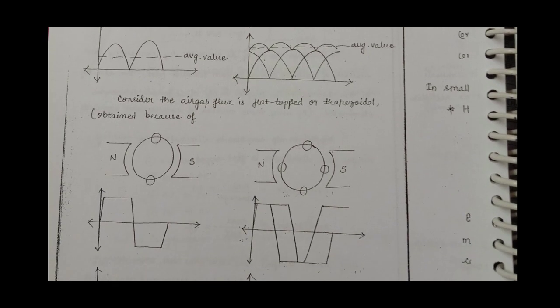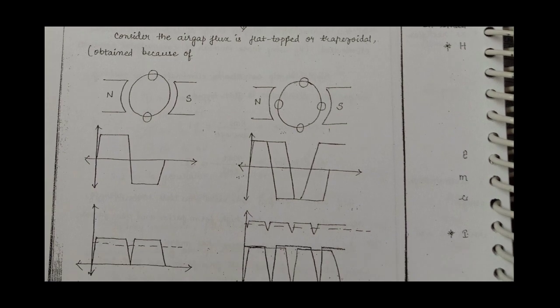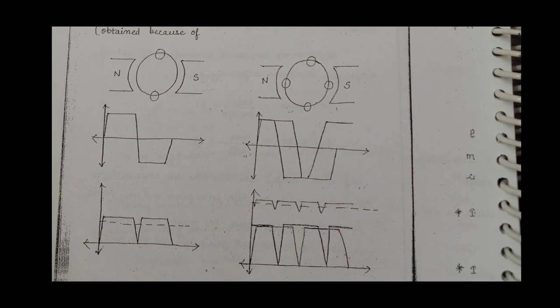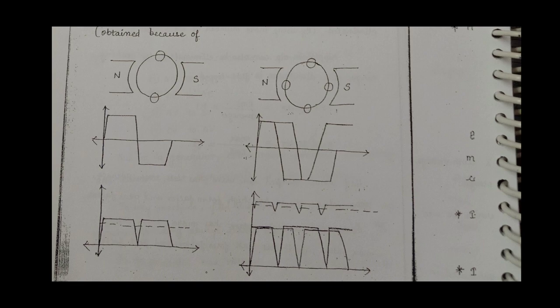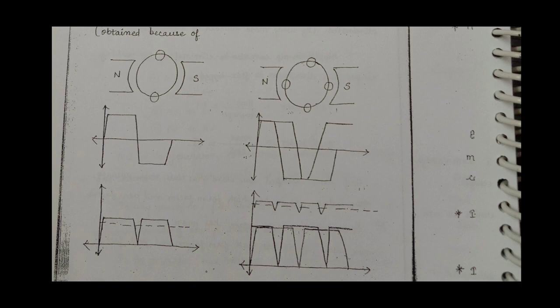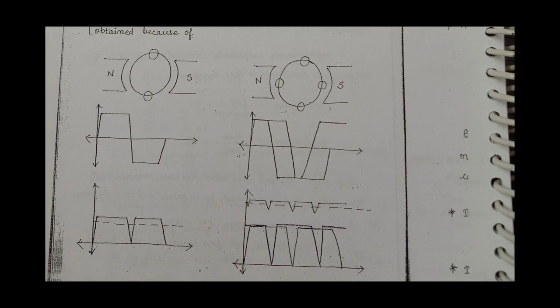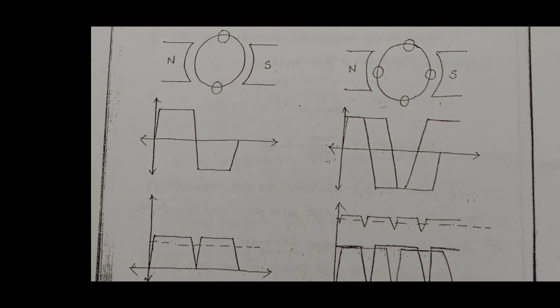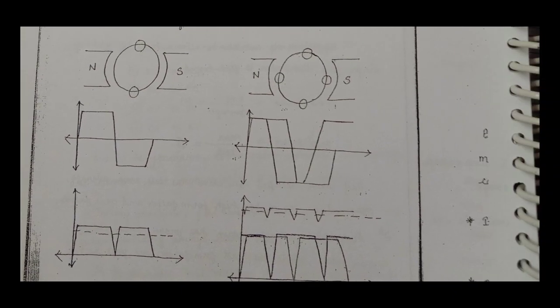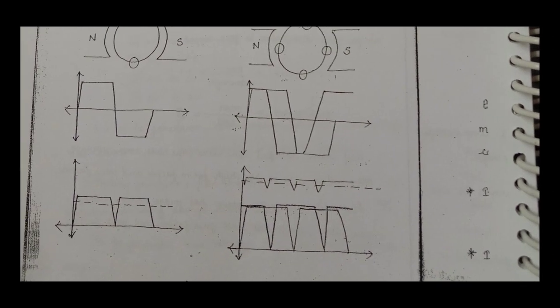Consider the air gap flux is flat topped or trapezoidal, obtained because of the north and south poles. So with one coil in figure number 1, we get a flat topped sine wave inside of the AC machine, that is at armature level, and in the last output is the flat topped DC supply available at brushes.